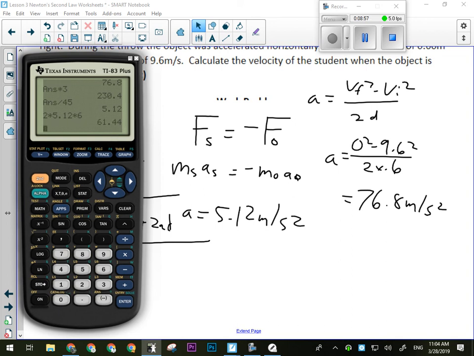And then I got to square root that. Okay, that's not right. Oh, I wrote 6. Okay, 2 times 5.12 times 0.6. Okay, and then square root that.